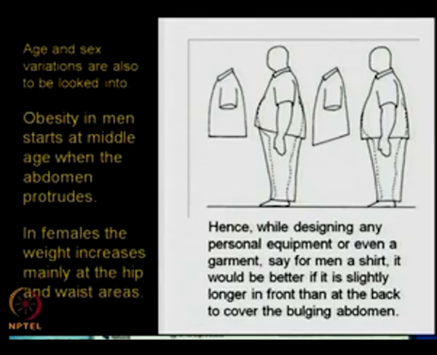Now, obesity in men starts at middle age when the abdomen protrudes. The same for female. In the females, the weight increases mainly at the hip and waist areas.